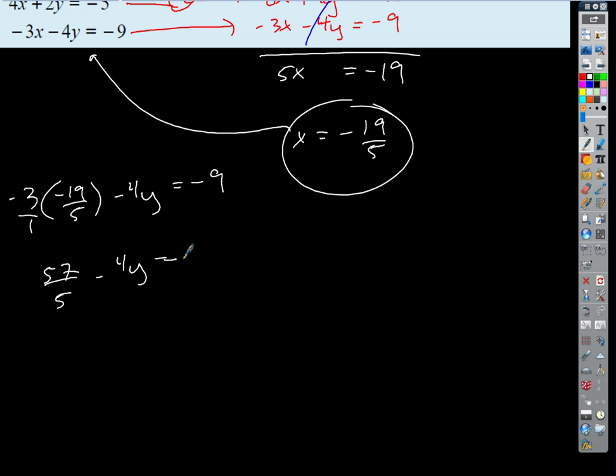Minus 4y equals negative 9. So now what? If I'm going to solve for y, I really don't want to have to deal with all these fractions. So my thinking is on this, you don't have to. You could just subtract 57 fifths from both sides and then divide by negative 4. But I don't really feel like subtracting 57 fifths from negative 9, so I'm going to clear the fractions. I'm going to multiply both sides through by 5, right?